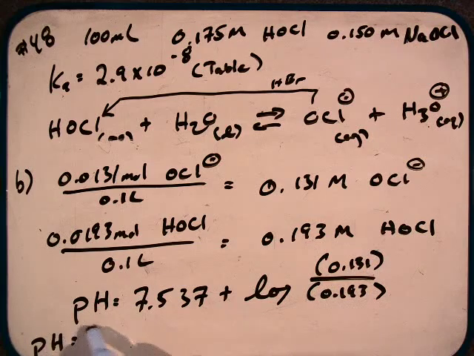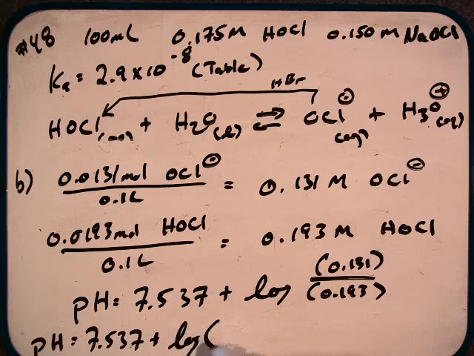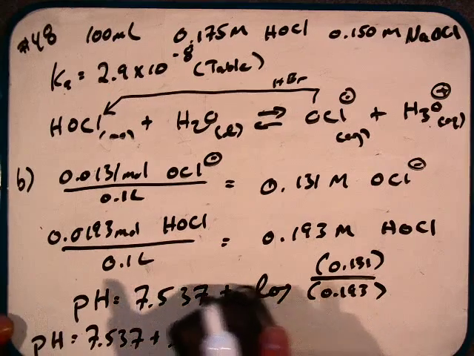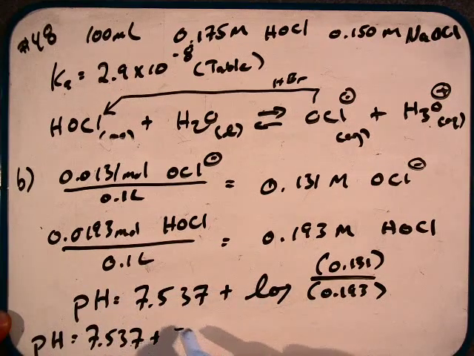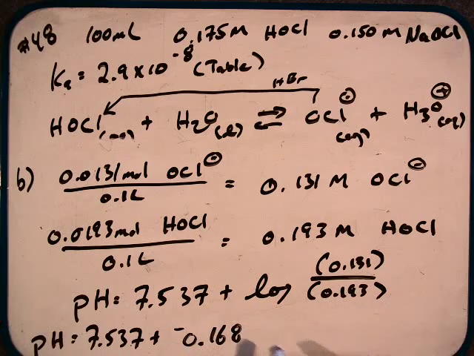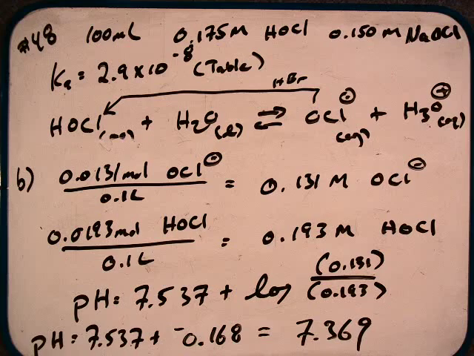That means our pH is then going to be equal to 7.537 plus the negative 0.168 after we take the logarithm of that ratio, to give us now a pH of 7.369.